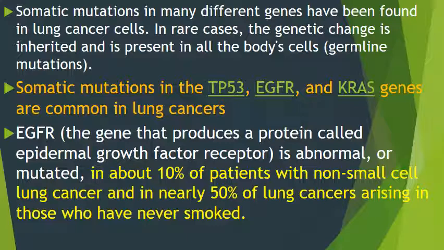EGFR is the gene that produces the protein called epidermal growth factor receptor; the protein produced by this mutated gene is abnormal. It is seen in about 10% of patients with non-small cell cancer and in about 50% of lung cancers arising in patients who have never smoked.